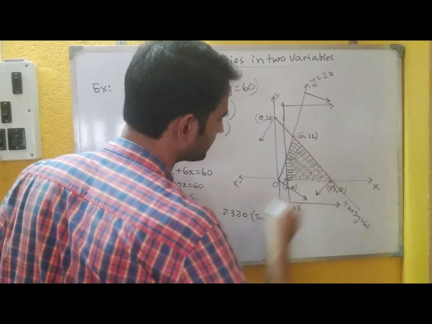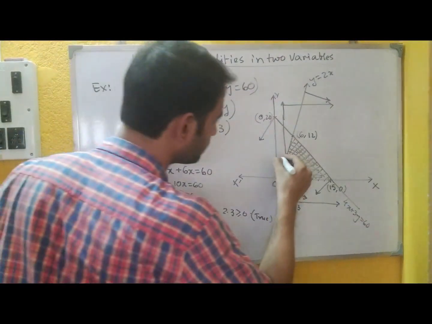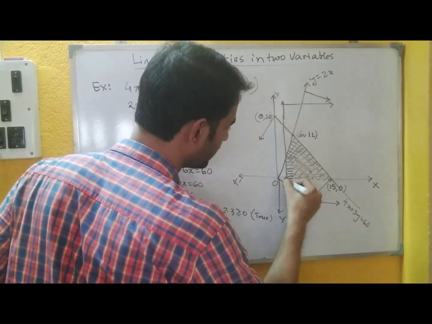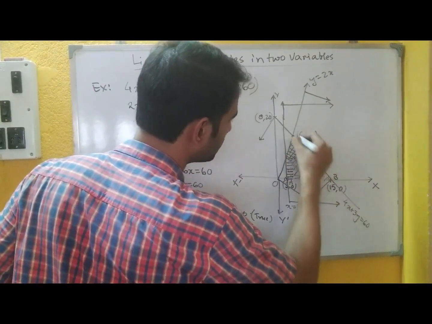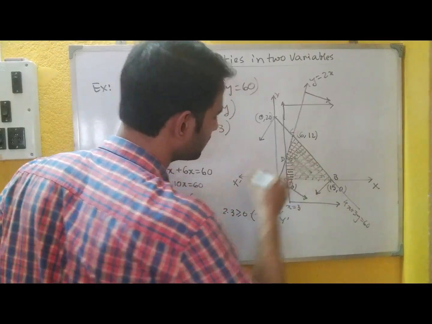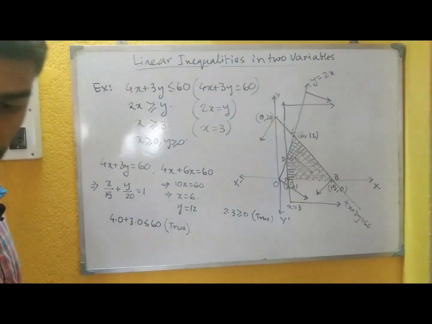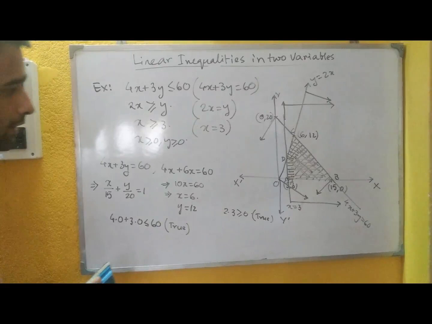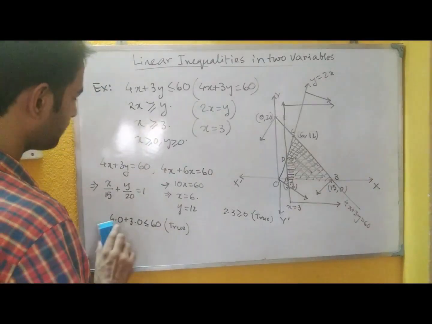So we take this one as the solution. So we will name these points A, B, C and D. So we will mention the solution region as the quadrilateral ABCD.